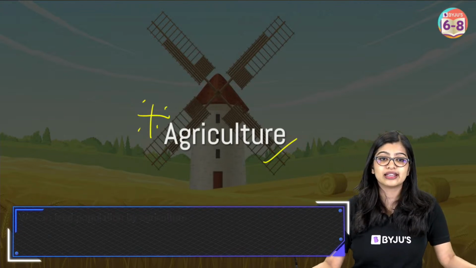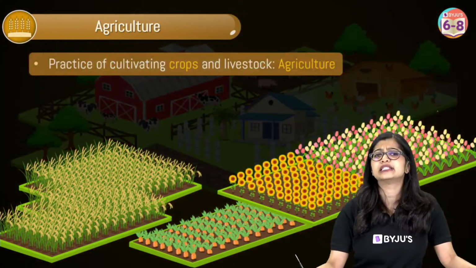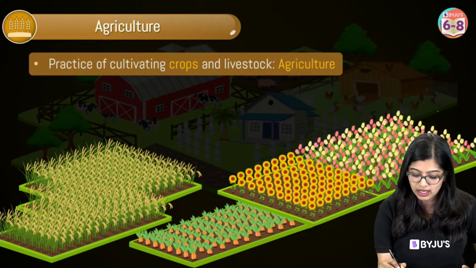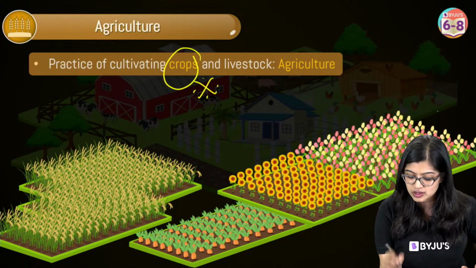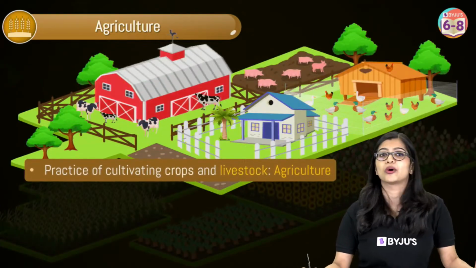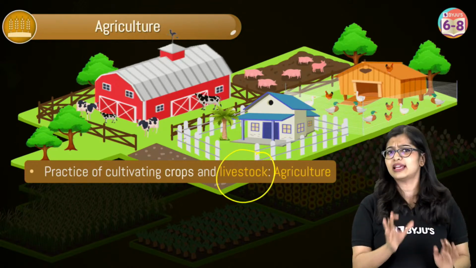Very good, Sonali, very good, Pami, very good, Samriddhi. So, if we were to define agriculture, agriculture can be simply defined as the branch of science or the practice of cultivating crops, very important keyword, along with livestock, right? So this is what we understand as agriculture.